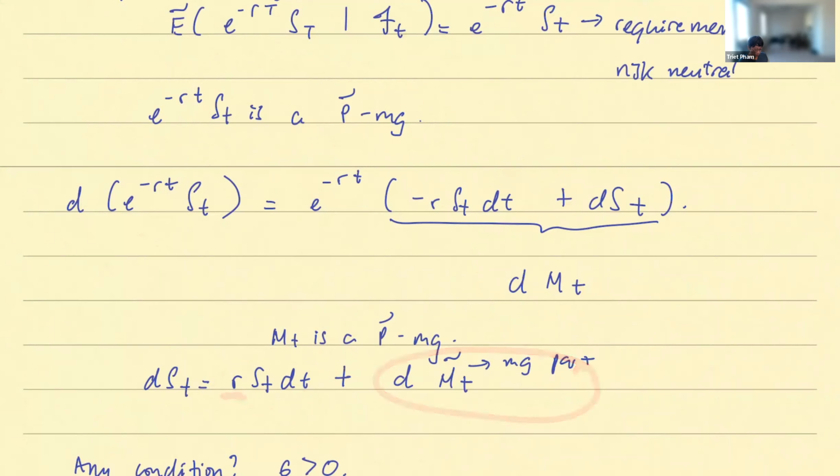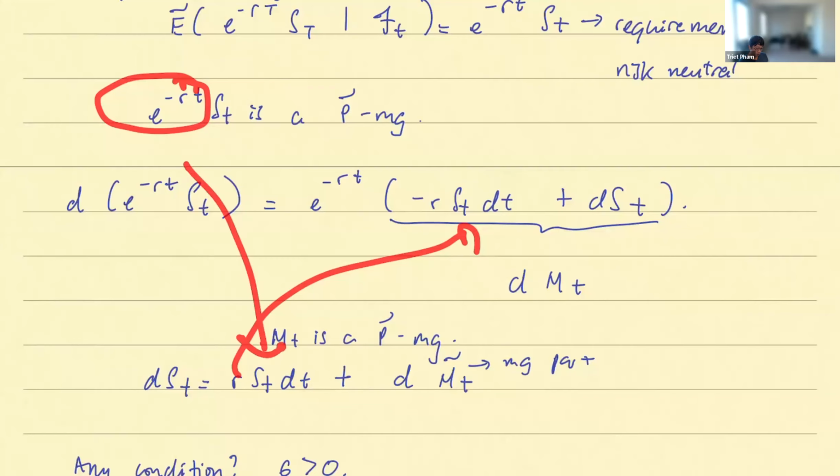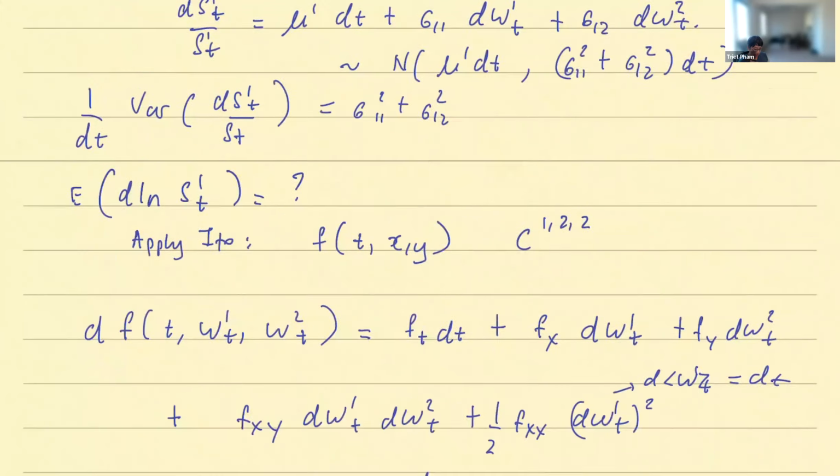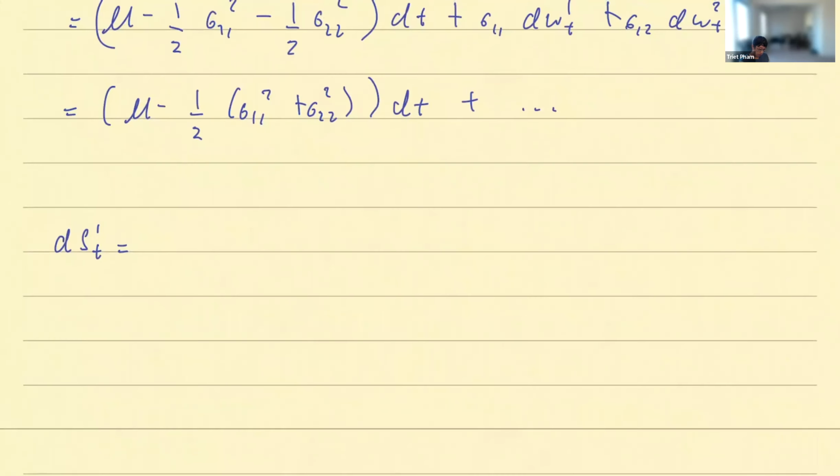Why? Because the drift being R will cancel with the part generated by the discount, leaving you with a martingale. Meaning that you can mechanically just insert an R here.